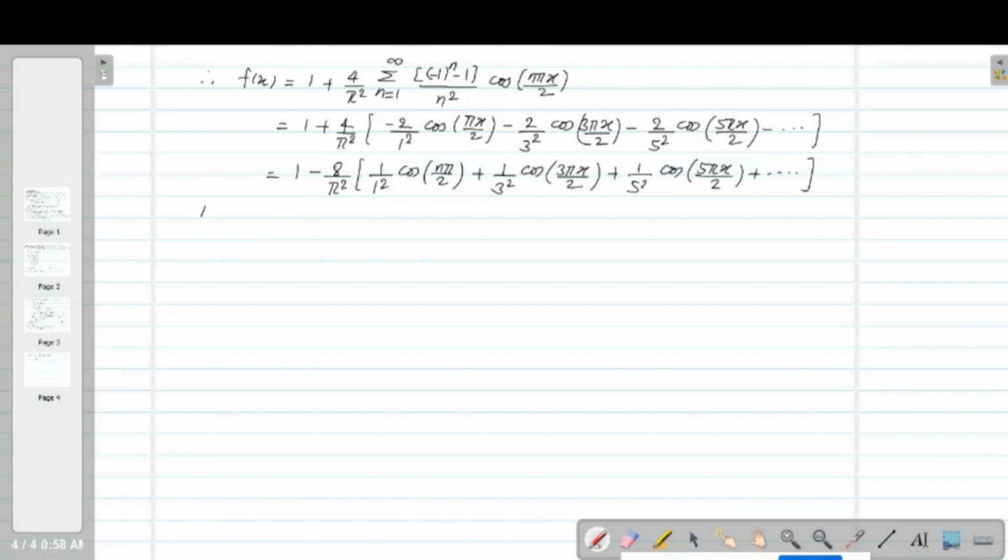So we can say that this is the required half range cosine series of the given function.